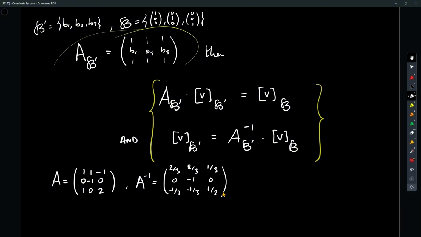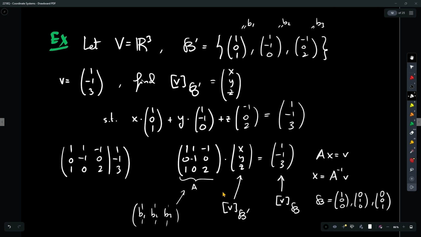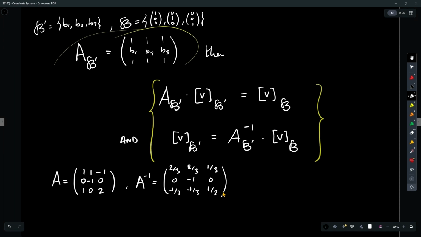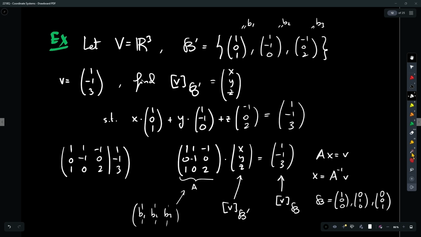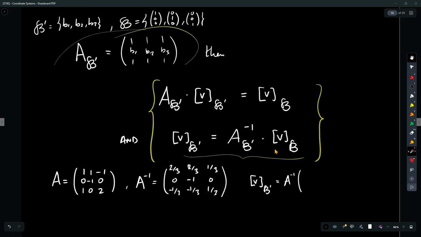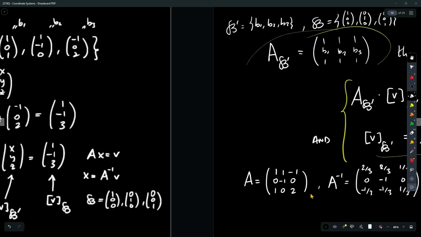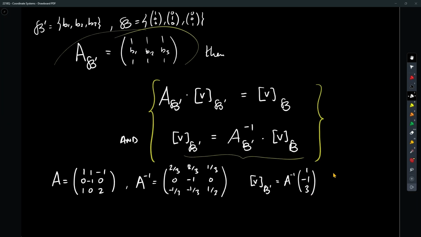So in particular here, we were talking about the vector 1, minus 1, 3. If I use this part of the formula to find the coordinates with respect to my new basis, that will be the inverse matrix times the coordinates of V with respect to the canonical basis, 1, minus 1, 3, right? Yes. And then just multiply.